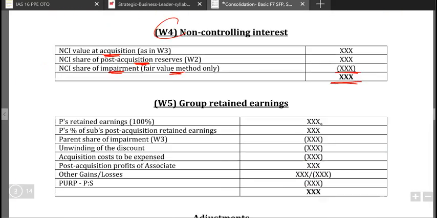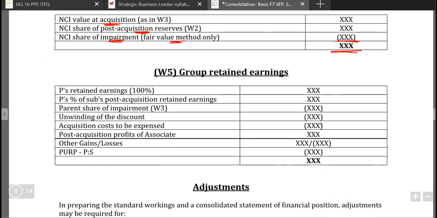Now you have the last working, which is working number 5, group retained earnings. So you will be taking parent retained earnings from the parent balance sheet. You will be giving the parent its share of post acquisition, because we have already given the percentage to the NCI. Now we'll be giving the remaining percentage to the parent, and then the parent share of impairment.